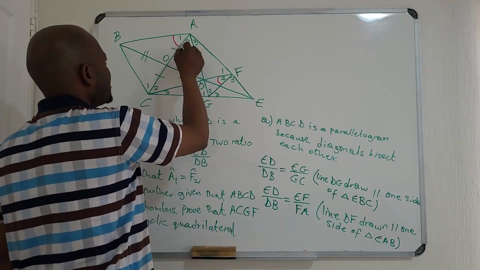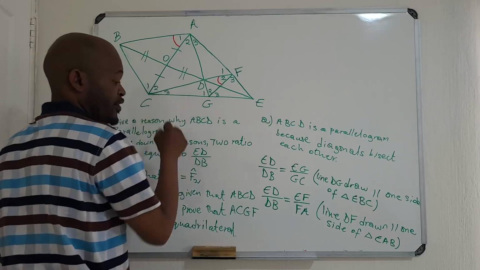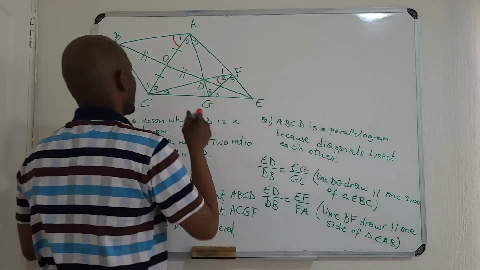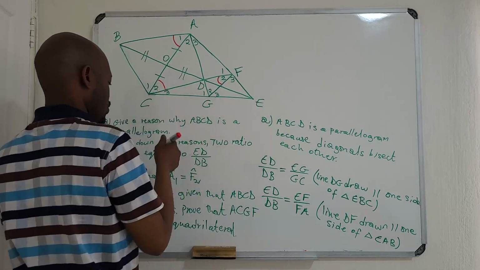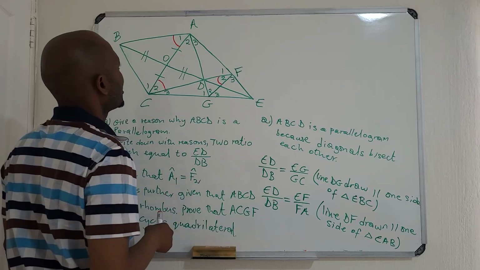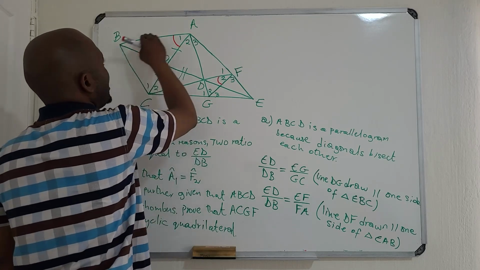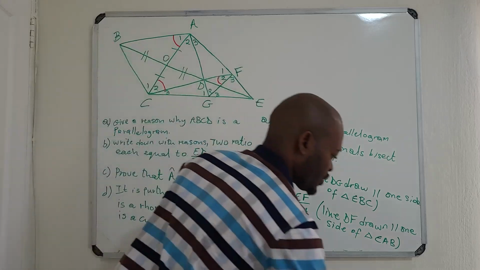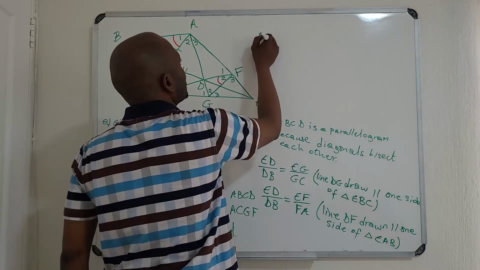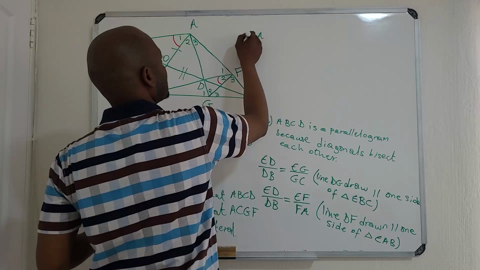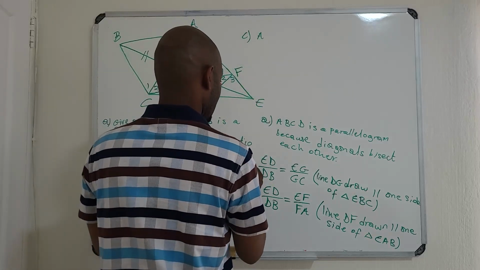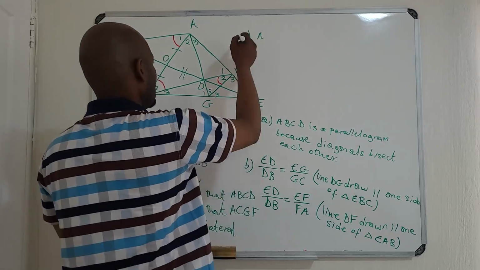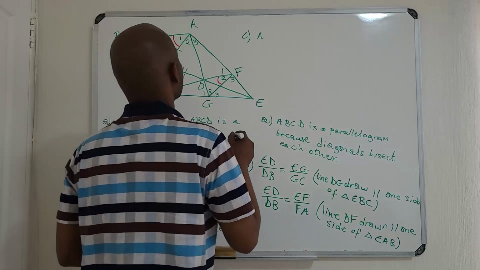Therefore this angle is equal to that angle there. We know interior alternate angles since AB is parallel to CD. We start there. This is C. This is B.